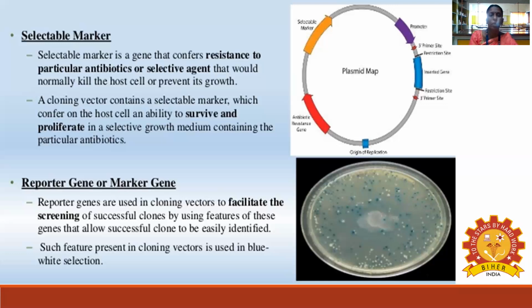Such a feature present in cloning vectors is blue and white selection. What is blue and white selection? You are taking the media called X-gal media. Okay, X-gal media, if you take it, then you pour the two types of cells.